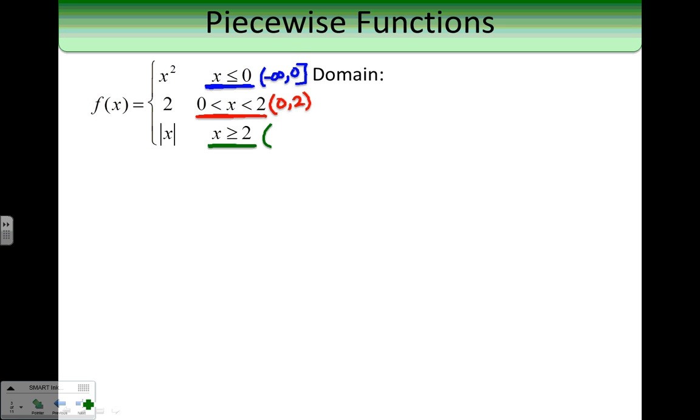Then I have all the values from 2 to infinity. So if I go from negative infinity to 0, then 0 to 2, then 2 to infinity, if you put all of those pieces together, the entire domain spans from negative infinity to infinity. Let's actually write that in our correct format.